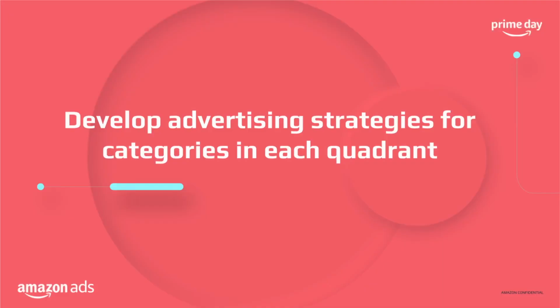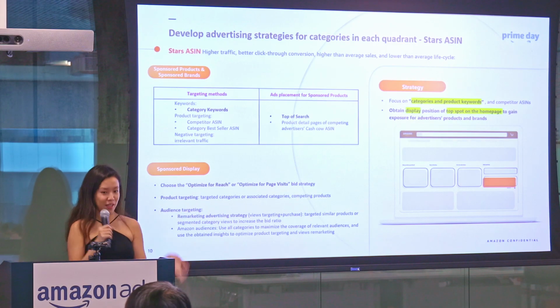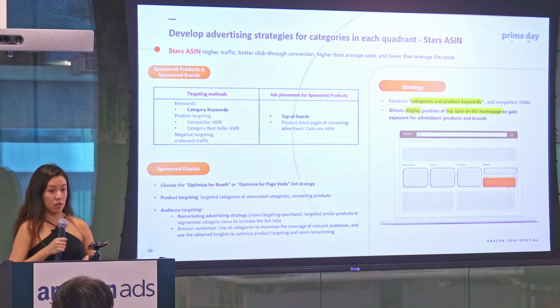So going straight into it, for your star ASIN, essentially what you want to do as a strategy is to focus on both offense and defense. Because it's your new rising star, you just launched it, but it's growing really well.